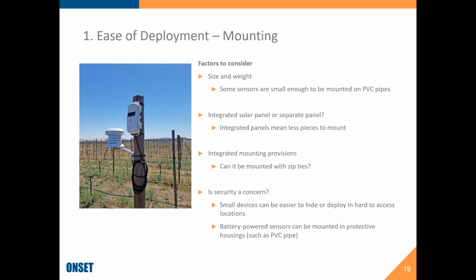It's a good way to hide things and protect them, and the wireless will still go through a PVC pipe. In the case where it's inside of an enclosure like that, you'll need to look for wireless sensors that are battery powered, that don't require solar power. So that's another thing to consider. And there are battery powered ones available.